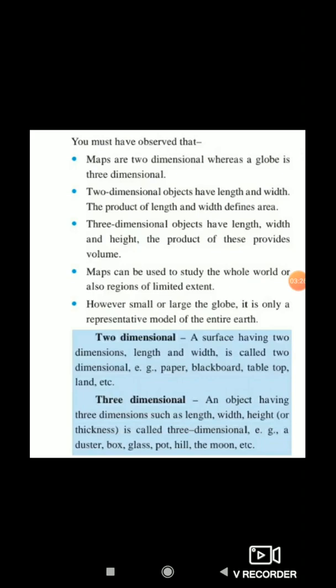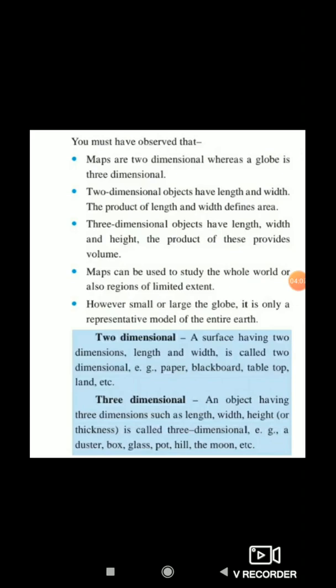Understood? Understood the difference? First we see the difference that maps are two-dimensional, whereas globes are three-dimensional. Second difference, two-dimensional objects have length and width, and the product of length and width defines area, whereas three-dimensional objects have length, width, and height, and the product of length, width, and height defines volume.